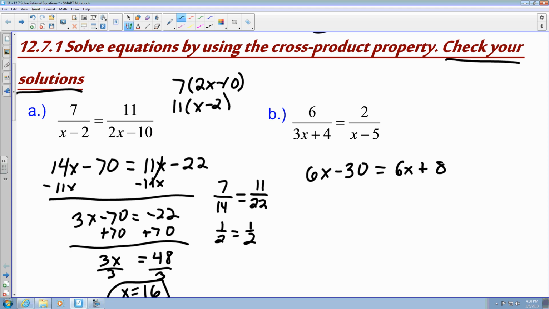If I subtract 6x from both sides, that gives me 0, so I'm left with negative 30 equals 8. Since that's not a true statement, I can conclude that there is no solution. There's no solution for x that would make this a true statement.